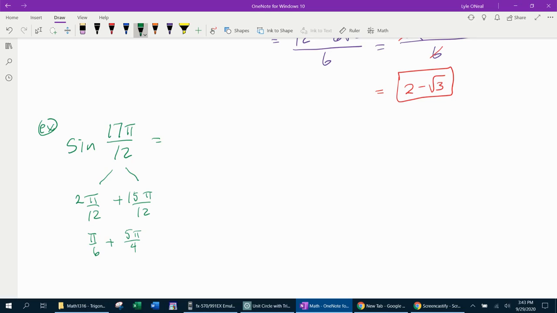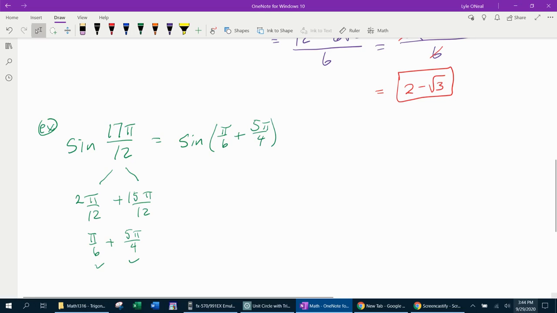See, do you see it's not that hard and it doesn't take long to come up with two angles, both of which are in the unit circle, that in this case add to make our given angle. So we're going to go with sine of pi over 6 plus 5 pi over 4.